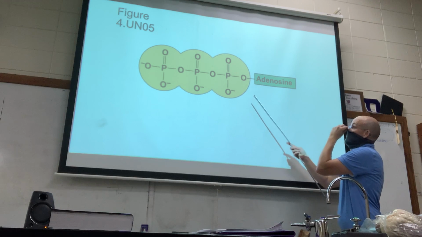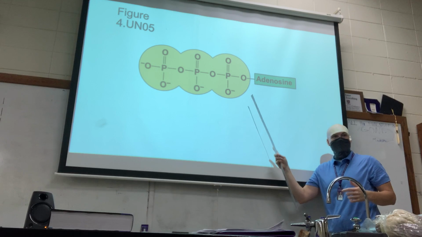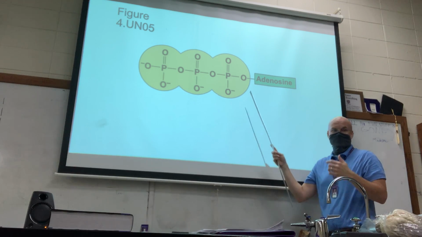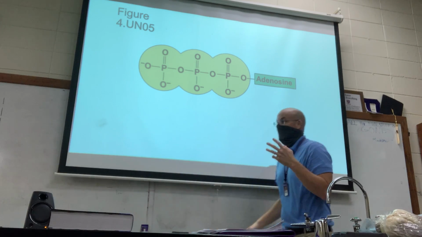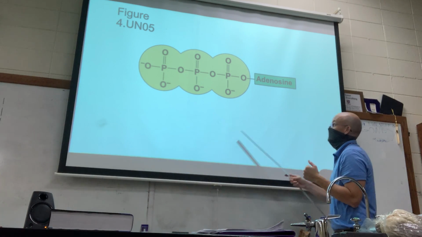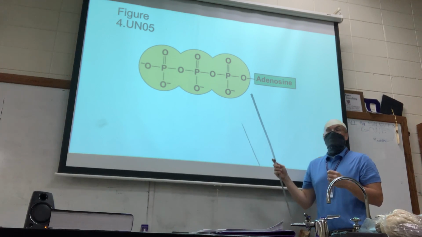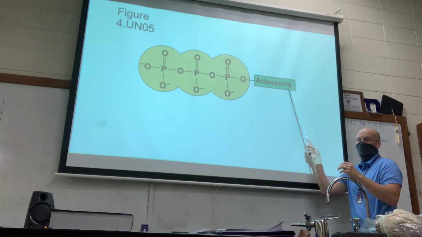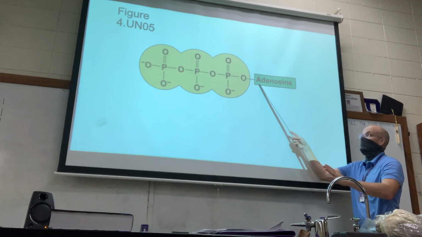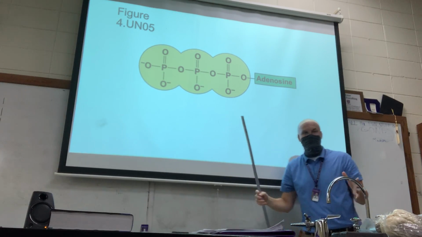And that's the case with this chemical that we call ATP. We give it a 3-letter acronym for a name, and we'll talk about that acronym in just a second. Now, the A in ATP refers to this chemical called adenosine, which is a major part of this molecule.